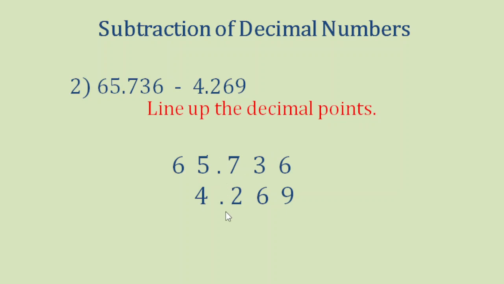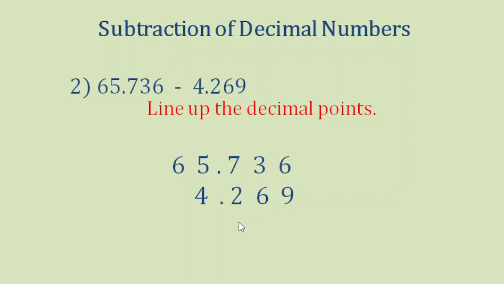Because we line up the decimal points, the corresponding digits will automatically line up also. The ones digits are lined up, the tens digits are lined up, the hundreds digits are lined up, and the thousands digits are also lined up.